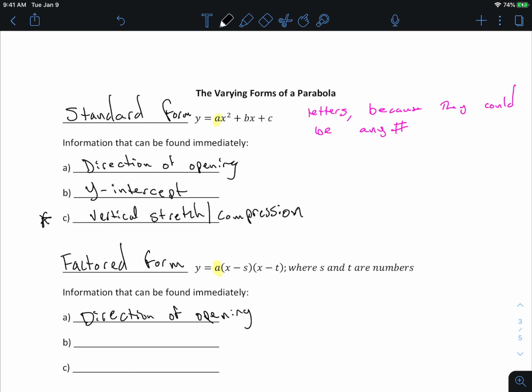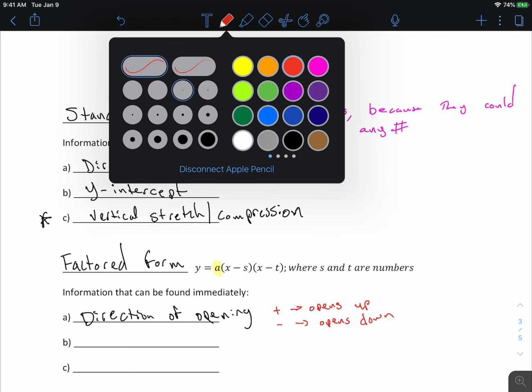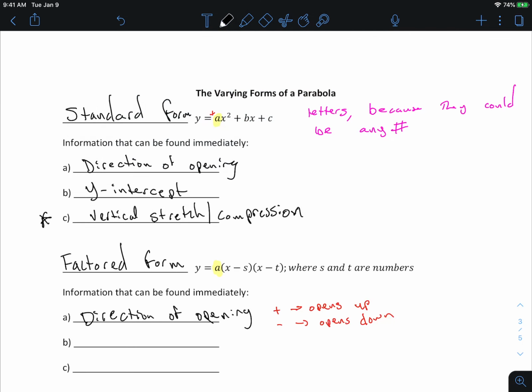Do you remember if this is positive, and if it's negative, it goes down or opens down. You remember that? Yeah. And then the other one you can see is again the vertical. You don't need to know this.